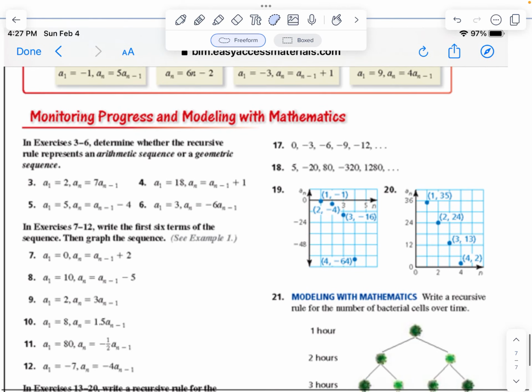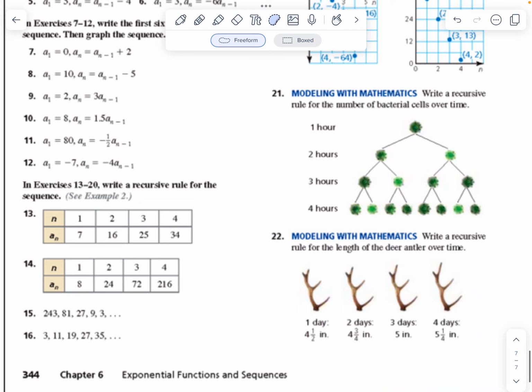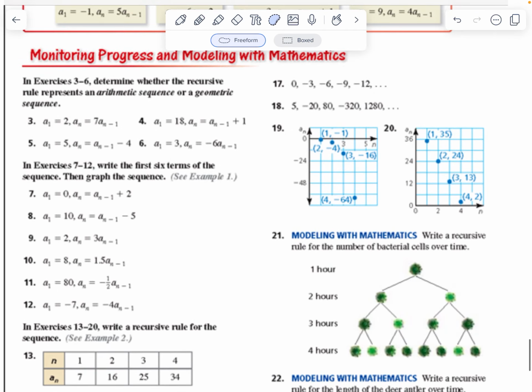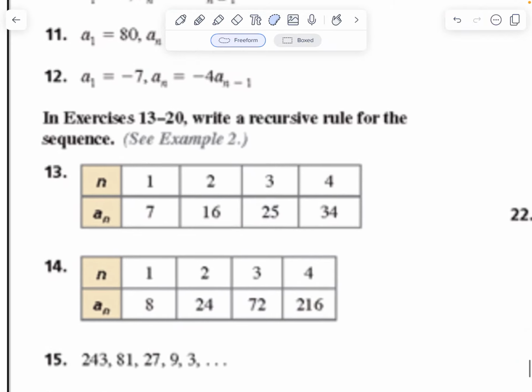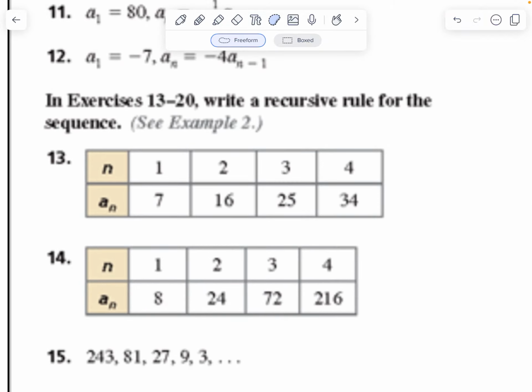All right, now if we scroll down, it's asking us to write some sequences. I'm going to ask you to write a recursive rule here.